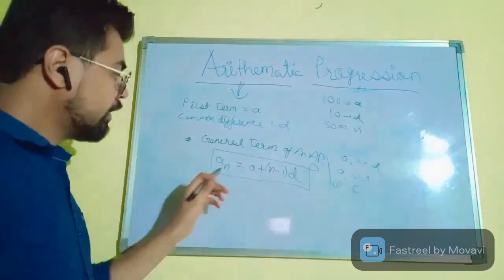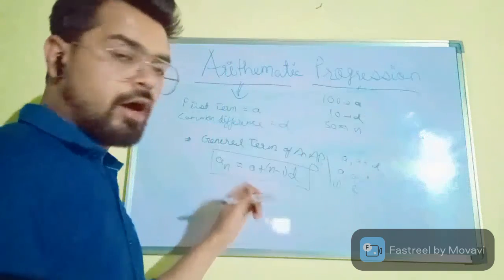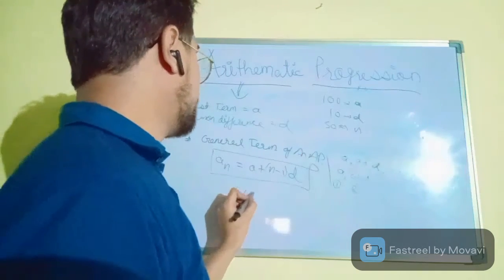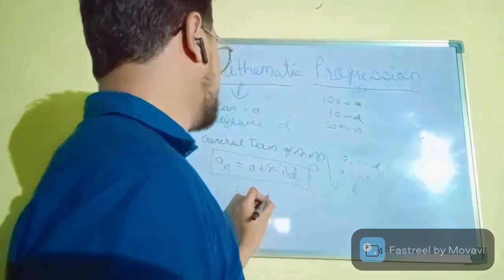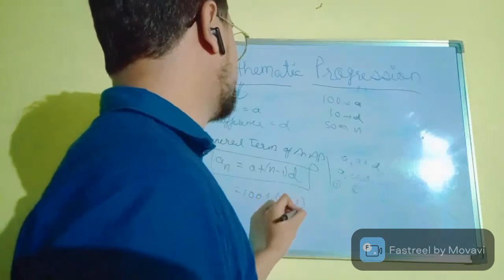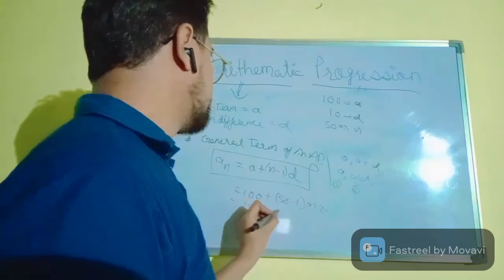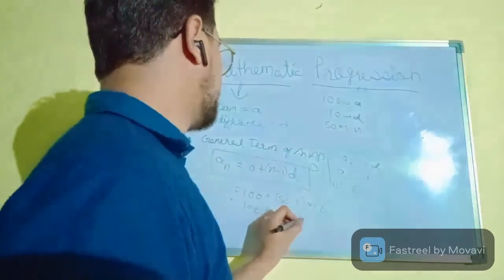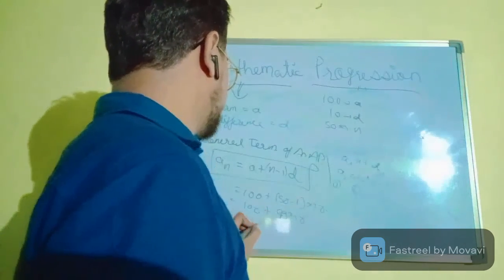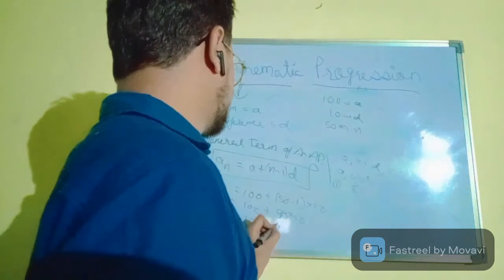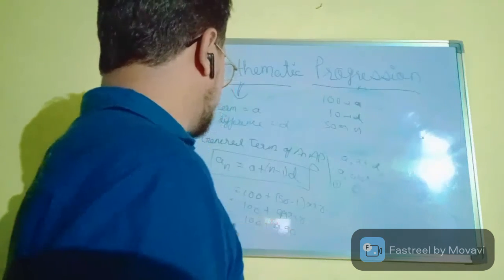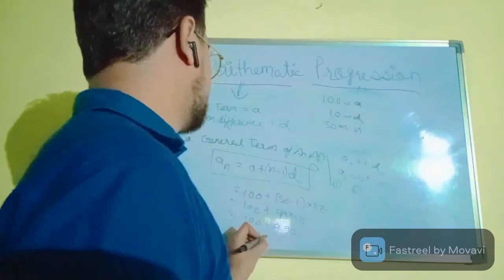If we put that value in this formula, we will directly get 100 plus 50 minus 1 into 10. It will give 100 plus 49 into 10. So 100 plus 490 gives 590.